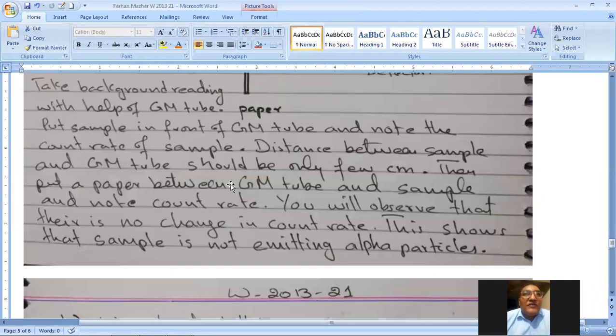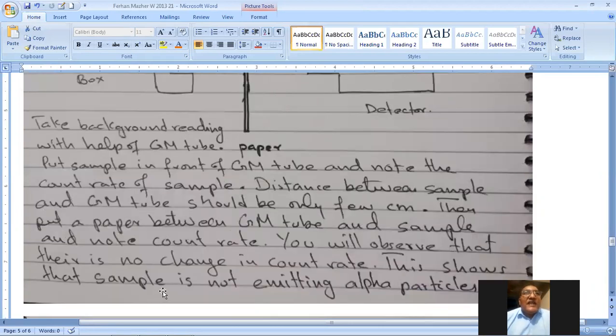So let me read my answer. Take background reading with the help of a GM tube. Put the sample in front of the GM tube and note the count rate of the sample. The distance between the sample and the GM tube should be only a few centimeters. Then put a paper between the GM tube and the sample and note the count rate.